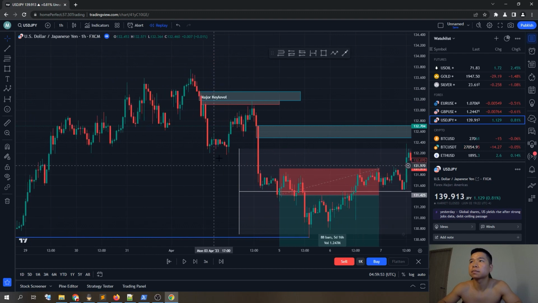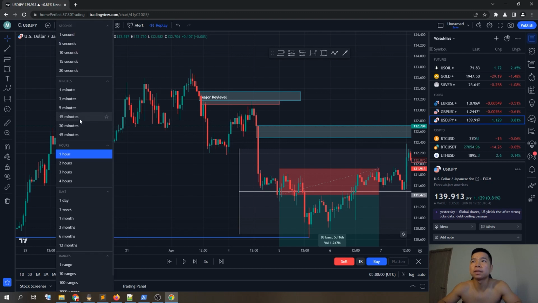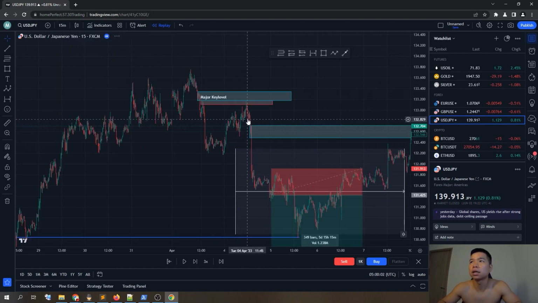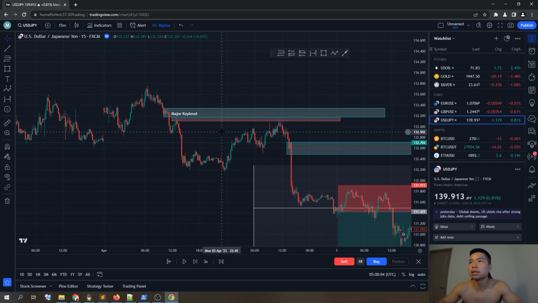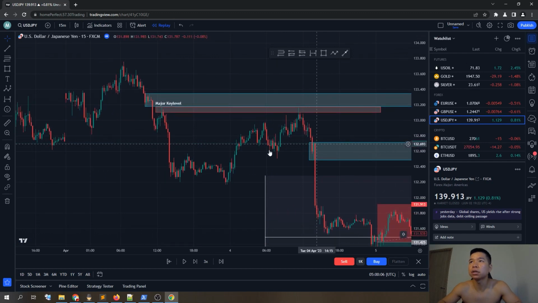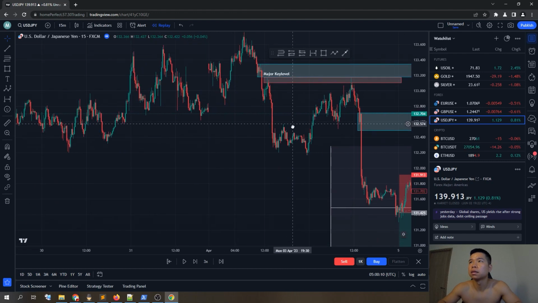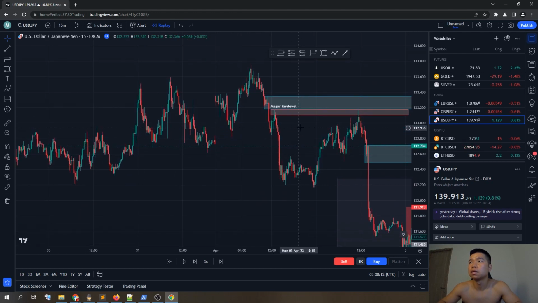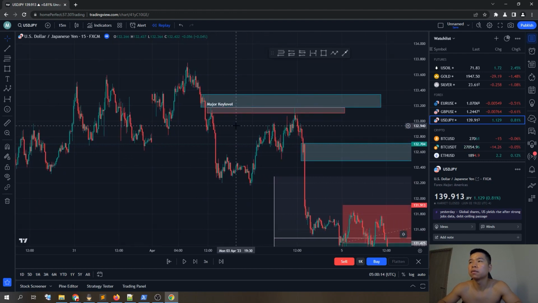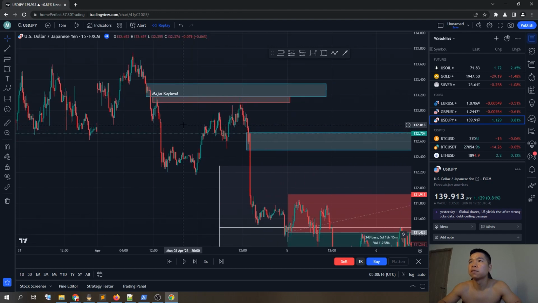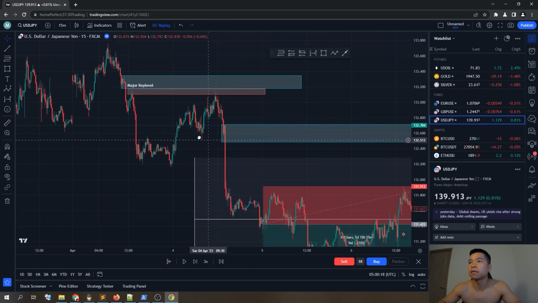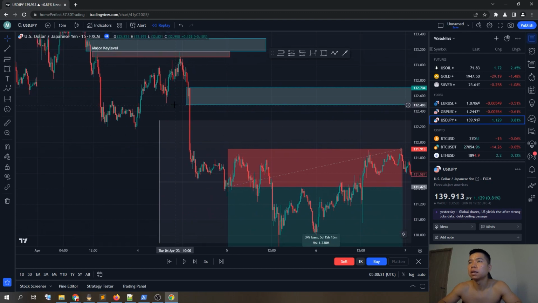And here we have the one that we analyzed at first, but we did not enter, which we should reconsider in the future. Good for 15-minute chart, 15 minutes after it breaks through here. I mean, I'm waiting for the confirmation.